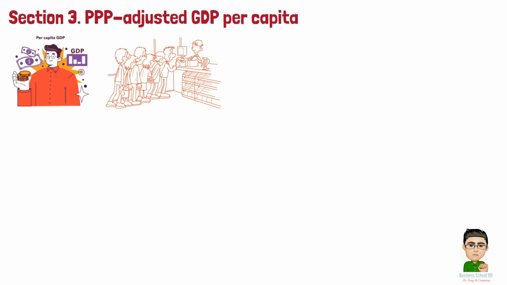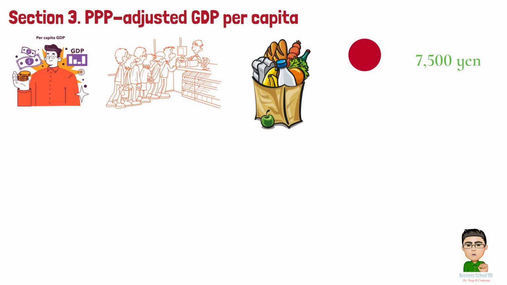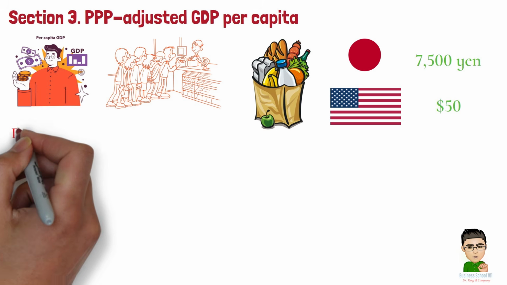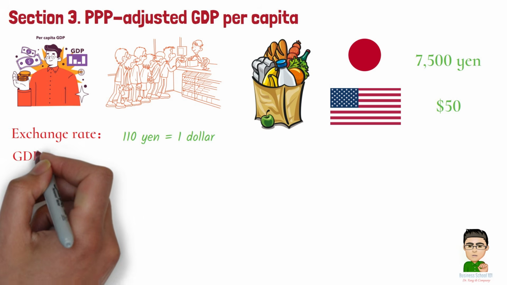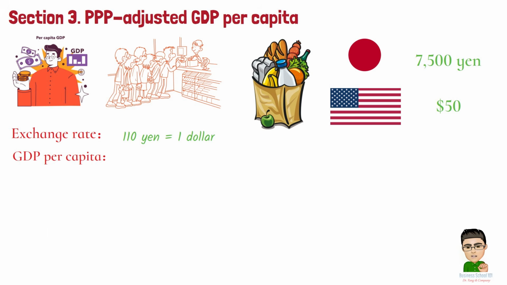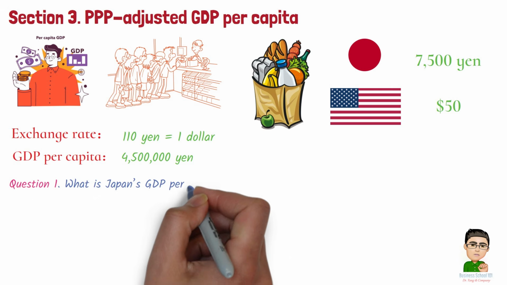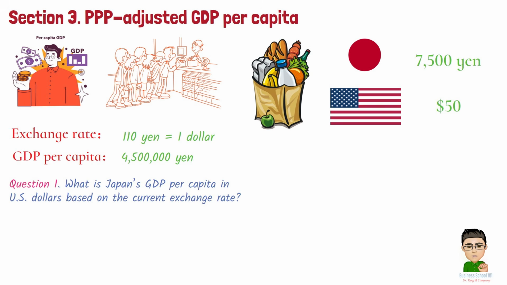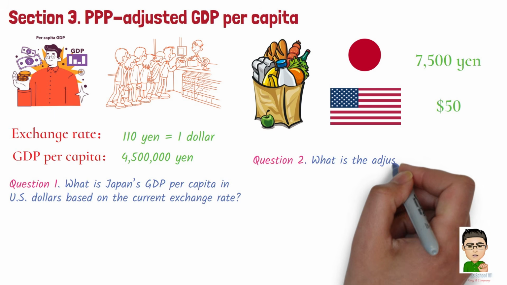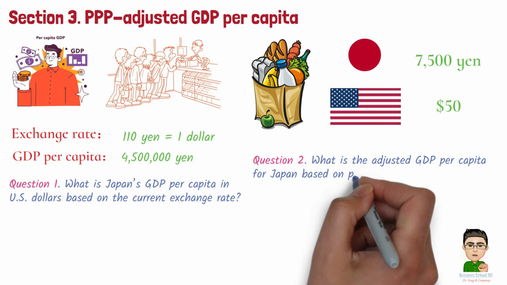In Japan, 7,500 yen will buy a bag of groceries that costs $50 in the United States. The current exchange rate is 110 yen equals $1. The current GDP per capita in Japan is 4,500,000 yen. Question 1. What is Japan's GDP per capita in US dollars based on the current exchange rate? Question 2. What is the adjusted GDP per capita for Japan based on purchasing power parity?